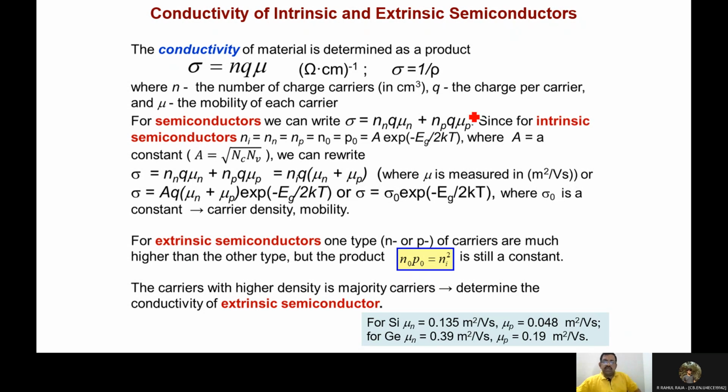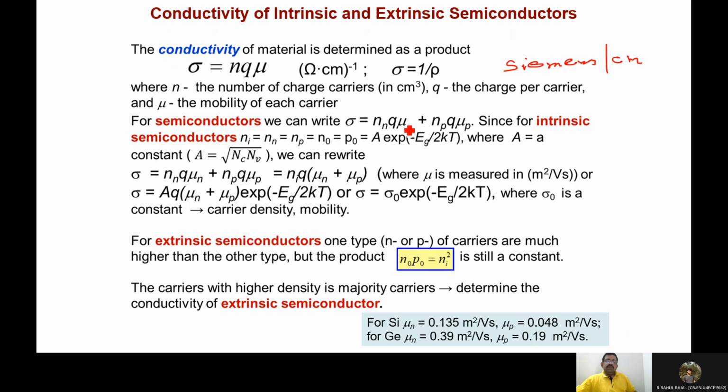Simply, we also express it in Siemens per centimeter in the case of a semiconductor device, or Siemens per meter in the case of a bulk material. Now n is the number of charge carriers. In semiconductors, both electrons and holes give rise to the conductivity.